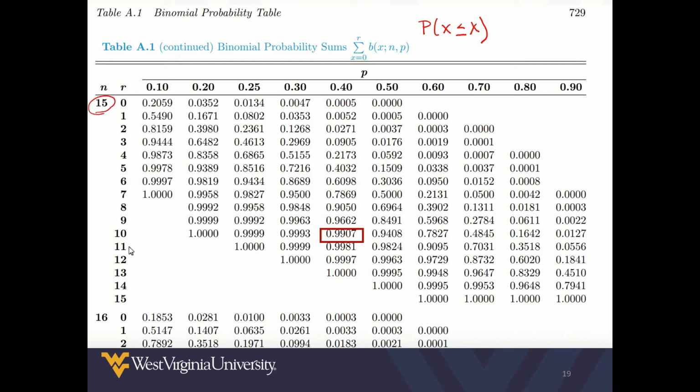We wanted to know less than 10, so that would be less than or equal to 9. And our probability of success was 0.4, so our probability of interest was 0.9662. I apologize, I just realized now I had blocked the wrong box, but the answer is correct. It is 0.9662. That will be something I'll have to fix in the future.